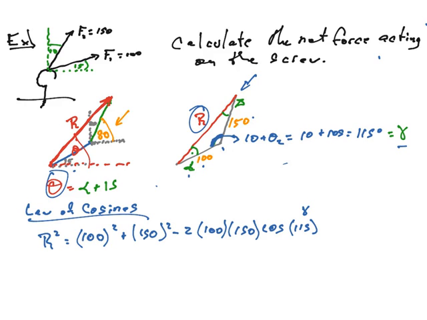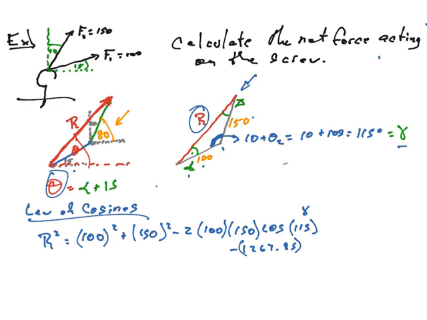And there we go. We have all the information. This is just an equation. So we plug the equation in. Let's see, cosine 115 times 2 times 100 times 150. So all of this is negative 1267.85.